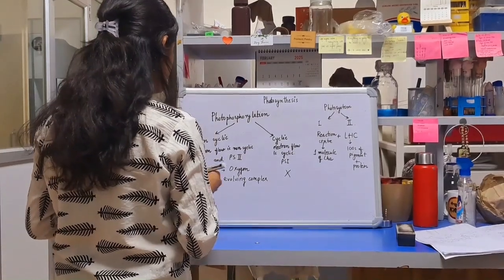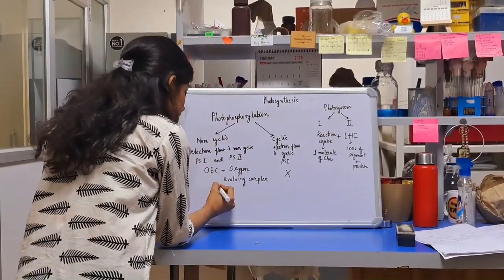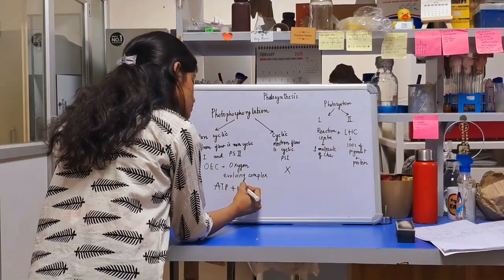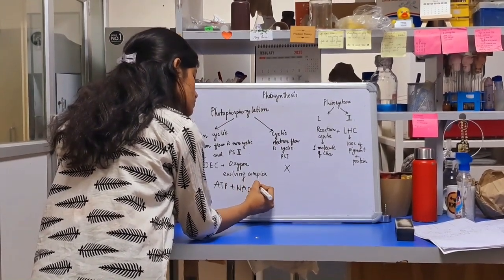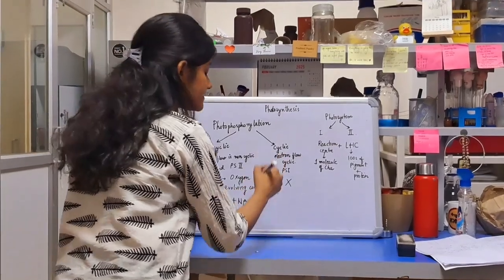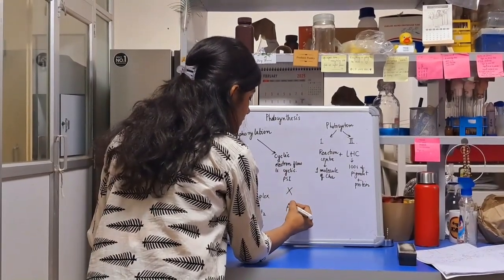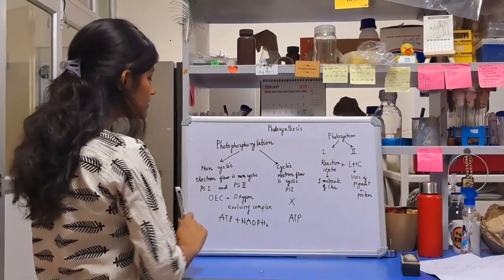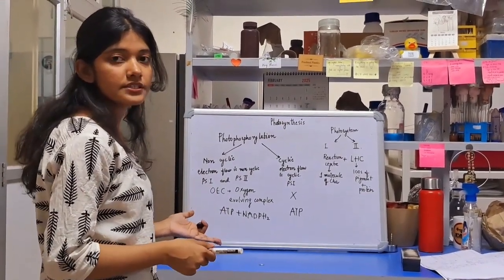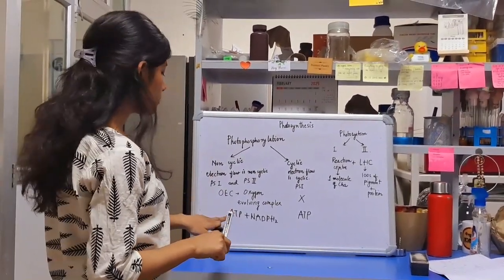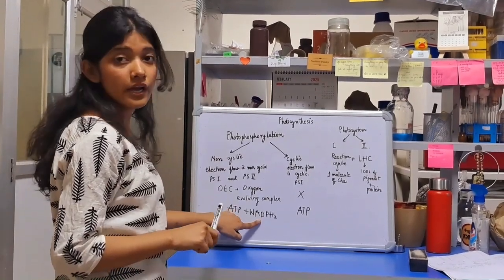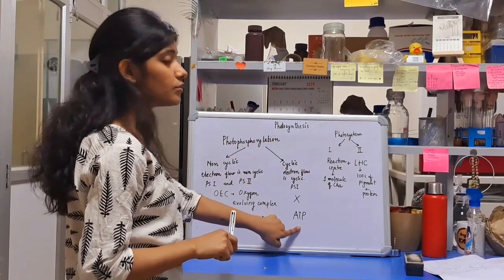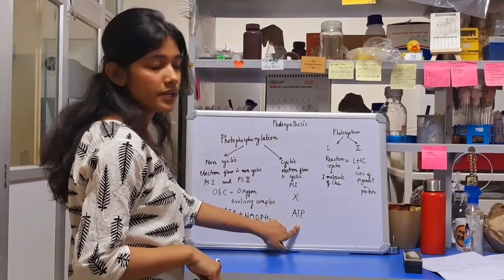And in case of non-cyclic photophosphorylation, there is production of ATP plus NADPH2. But in cyclic, there is only production of ATP. No NADPH2 is produced. That means here two enzymes are present, which are ATP synthase for the formation of ATP, and the enzyme NADP reductase for the formation of NADPH2. And here only ATP synthase is present.